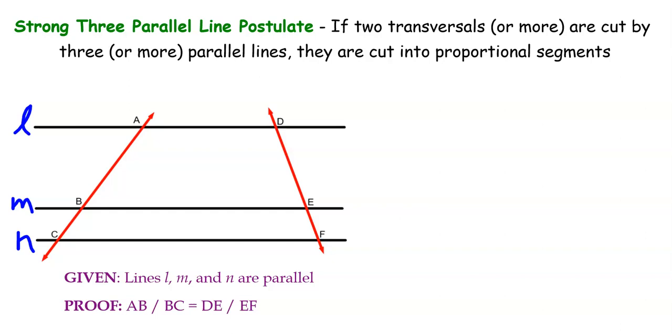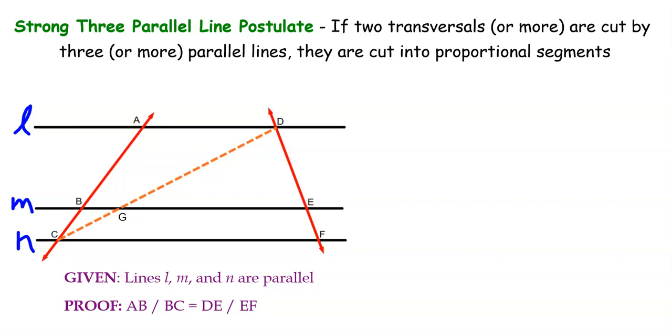Well, in the setup that we have right now, we don't have a whole lot that we're able to use. But one of the things that we've seen through the course that we can do in proofs is construct things on top of the diagrams that we're given. So in this case, we can add another transversal, this one going from D to C and intersecting line M at point G. The reason that we do this is because now we have triangles that we can talk about, and we can jump backwards and use the triangle proportionality theorem.